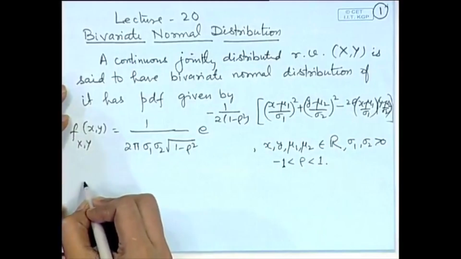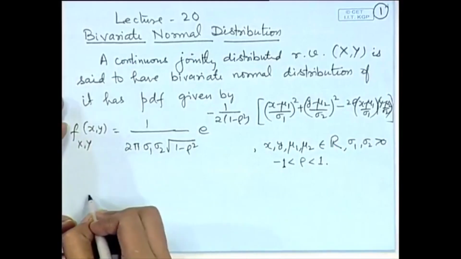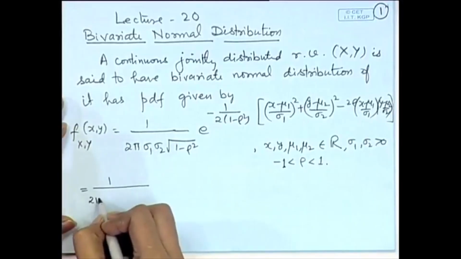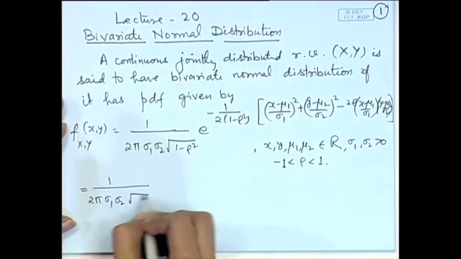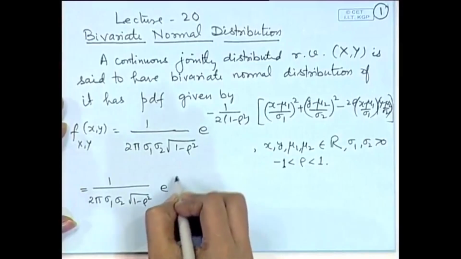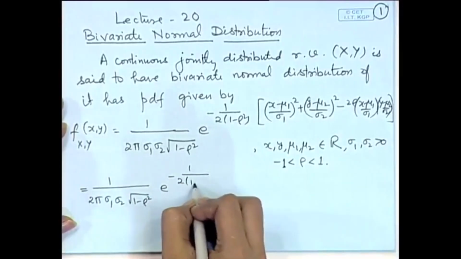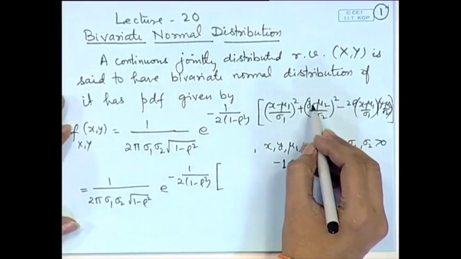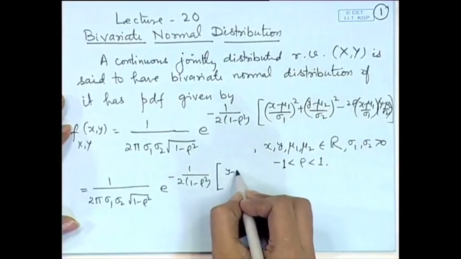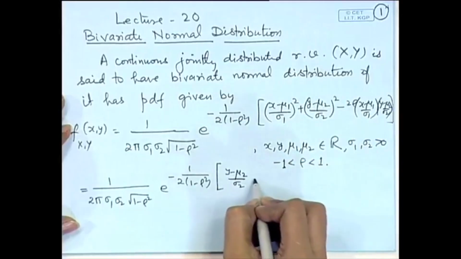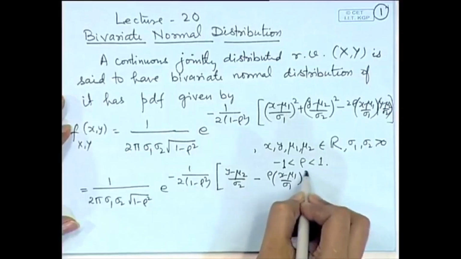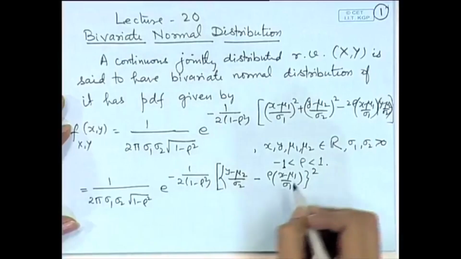So, we can factorize it as 1 by 2 pi sigma 1 sigma 2 root 1 minus rho square, e to the power minus 1 by 2(1 minus rho square). So, here if we make a square in y, then we have (y minus mu 2 by sigma 2 minus rho (x minus mu 1) by sigma 1) whole square.